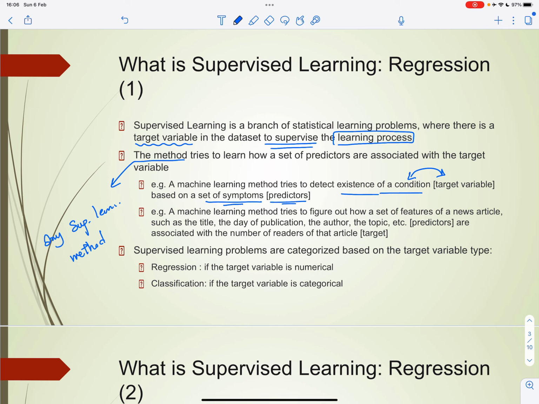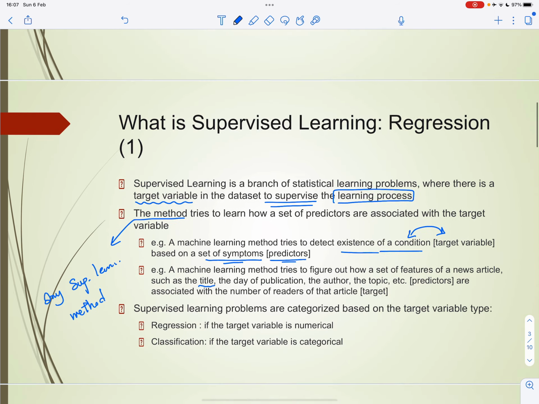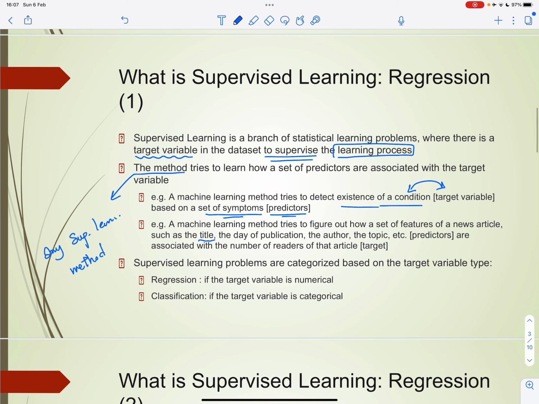Another example, a machine learning method tries to figure out how a set of features of a news article, such as title, the day of the publication, the author, the topic, etc. So these are all predictors, are associated with the number of readers of that article.